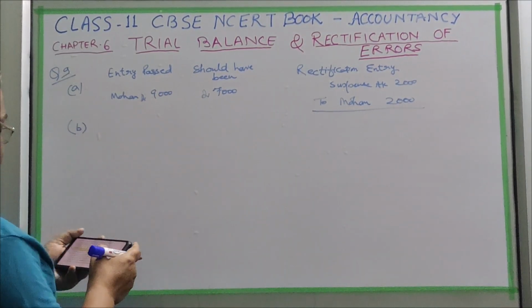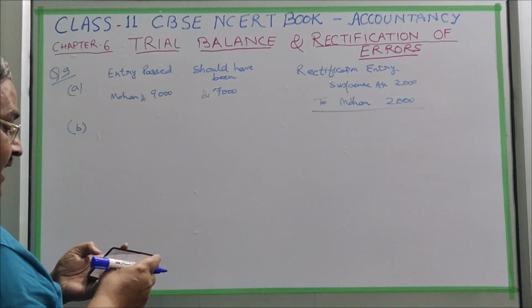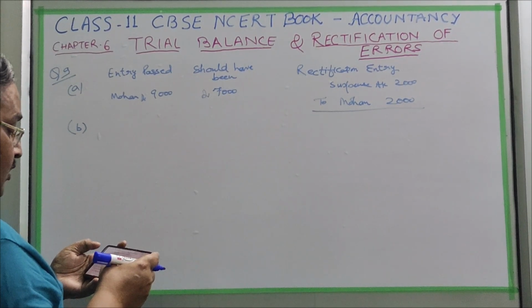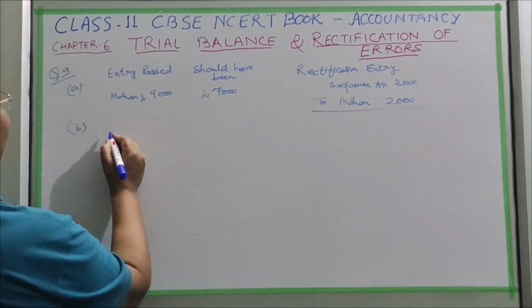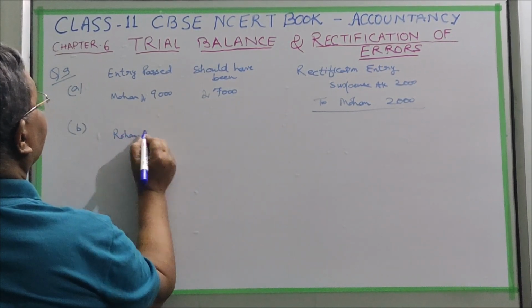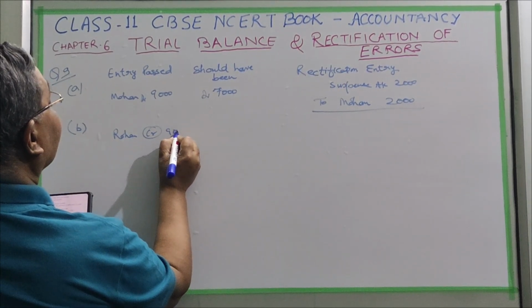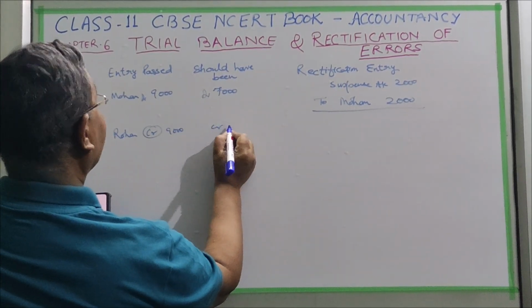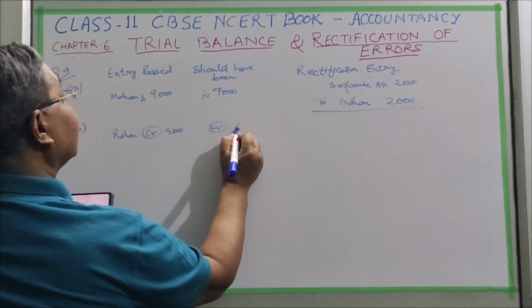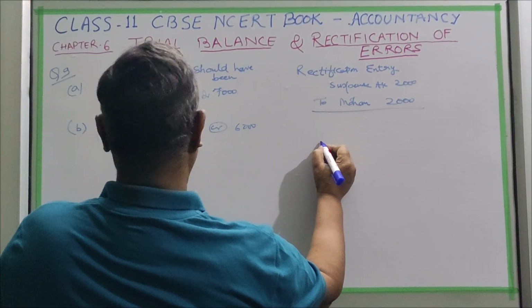Now B. Credit purchase from Rohan 9,000 were posted as 6,000. So credit purchase, so Rohan credit, you should have done by 9,000. You have done credit how much? 6,000. Now give him 3,000.